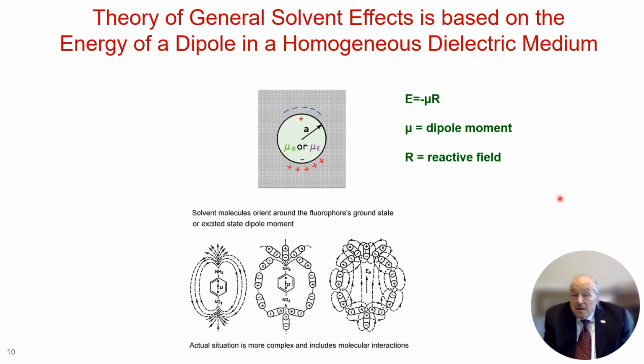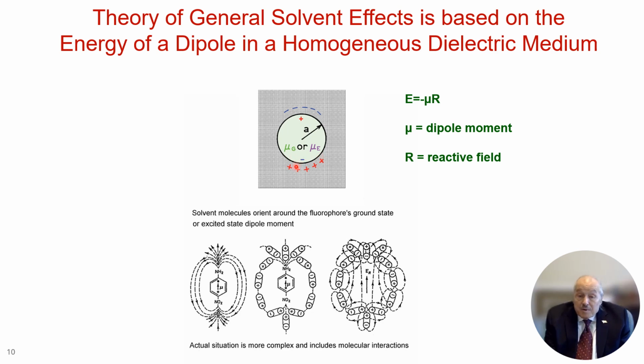Unfortunately, there is no general theory that can describe the spectral shifts or the Stokes shifts that we've been observing. The best that's been done is to consider a spherical fluorophore, and of course they're not spherical, and you put it into a medium that has some dielectric constant, and you calculate the energy of that sphere when it has different dipole moments.